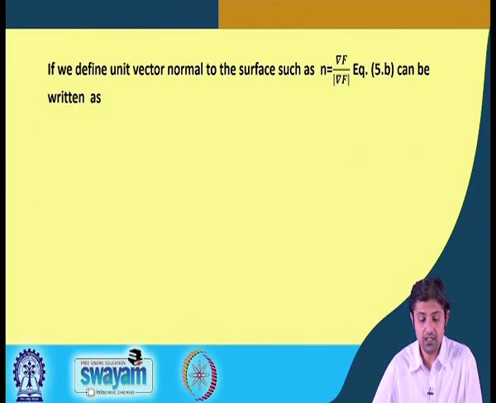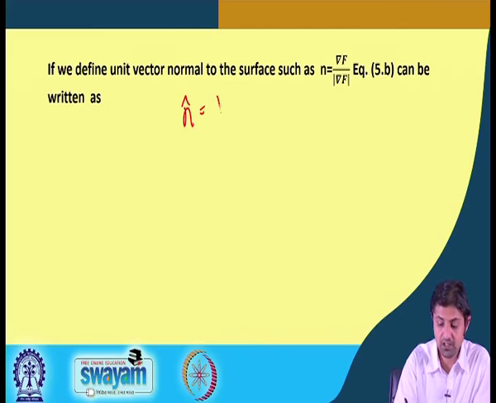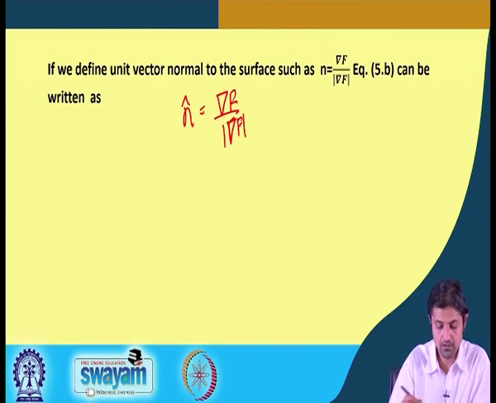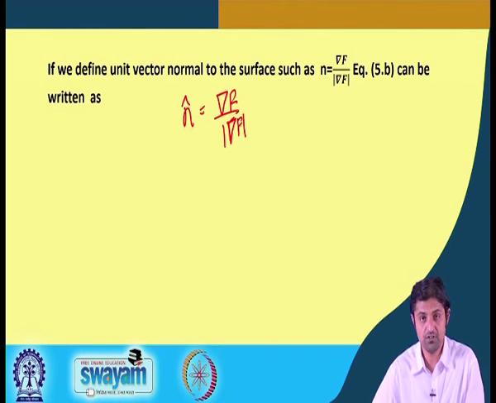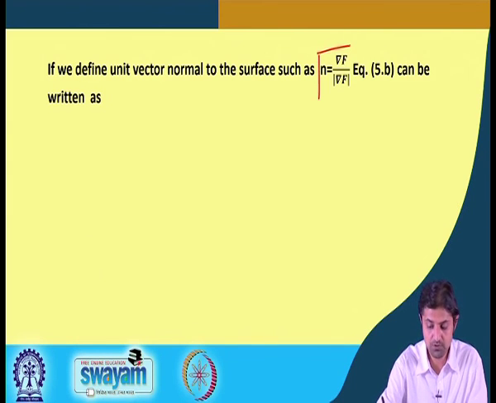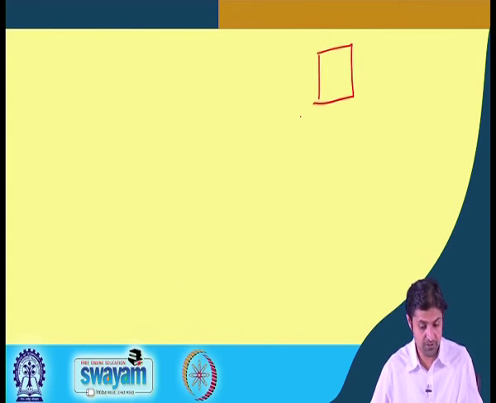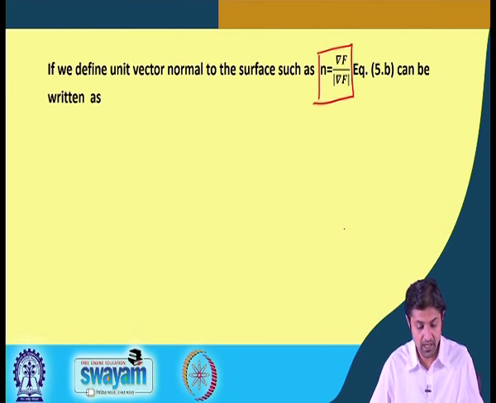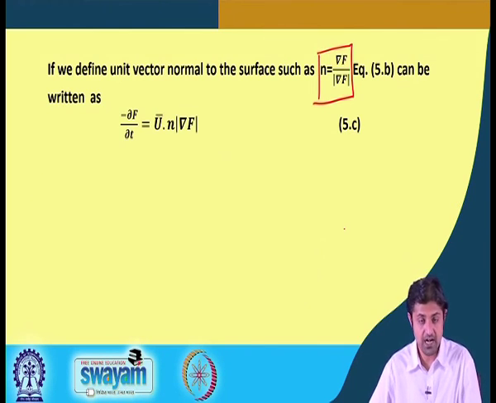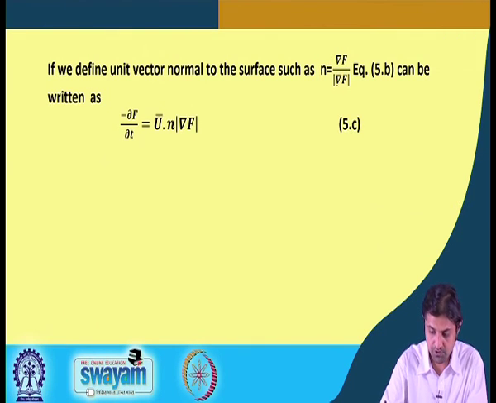Now, if we define a unit vector normal to the surface, n = ∇f/|∇f|, if you recall your mathematics class, this is a unit vector which is normal to the surface. Using this n, we can write equation 5b as −∂f/∂t = u·n|∇f|.